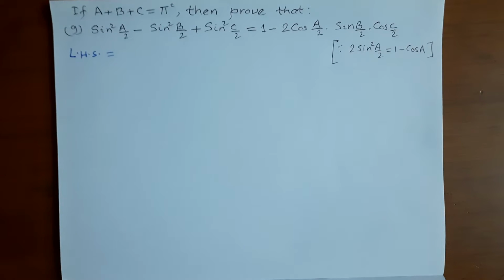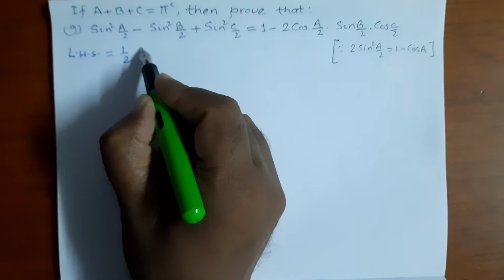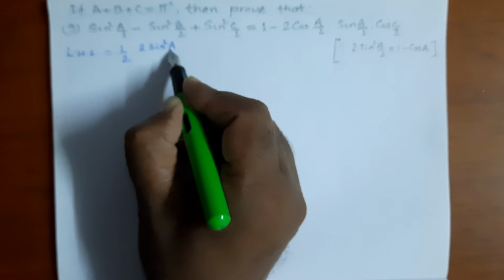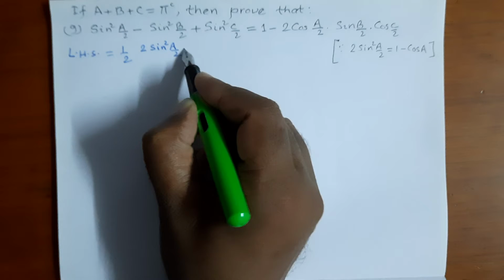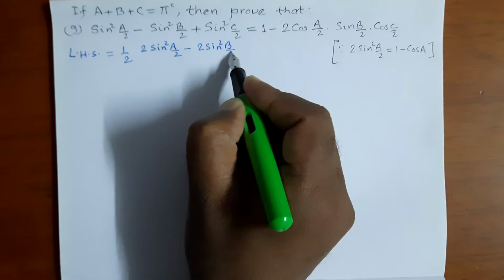For this we need a 2 here, so we multiply by 2 in numerator and denominator. So we can write 1 over 2 times 2 sin square A over 2 minus 2 sin square B over 2.